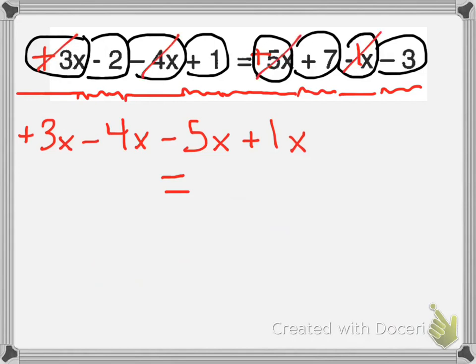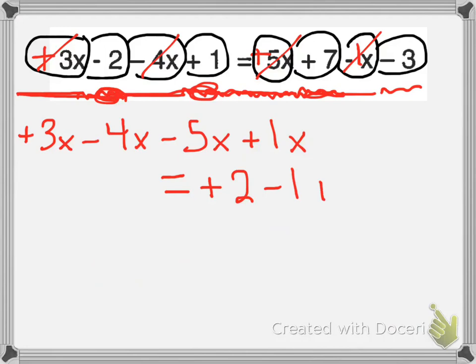Now I'm going to start on the left again, and I'm going to go through the number terms. First I come to negative 2, and I'm moving that from the left side to the right side. If I change sides, I change signs. So negative 2 becomes positive 2 on the other side. Moving on, positive 1 becomes negative 1 on the other side. Now I'm on the right side, so these are staying where they are.